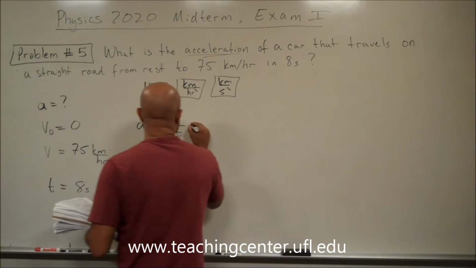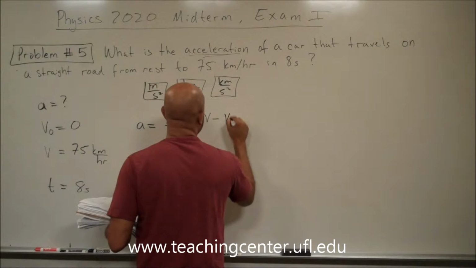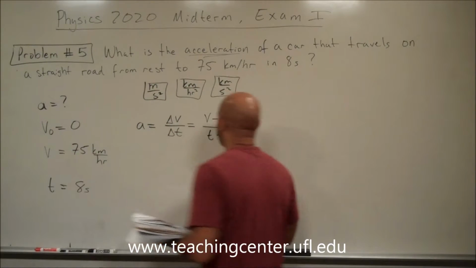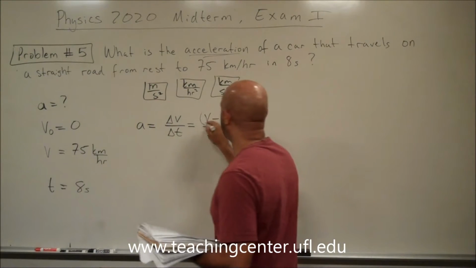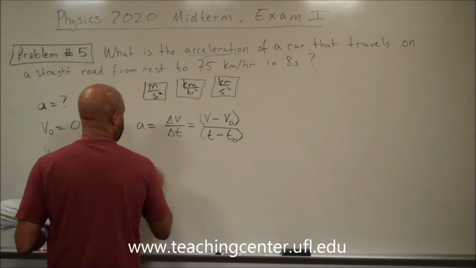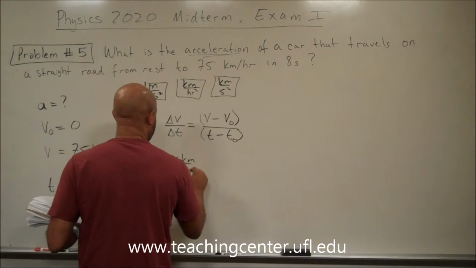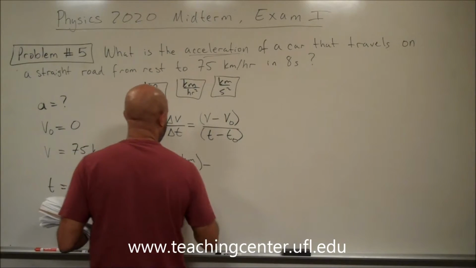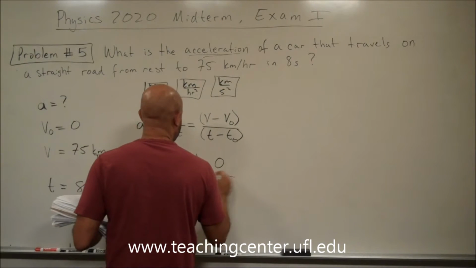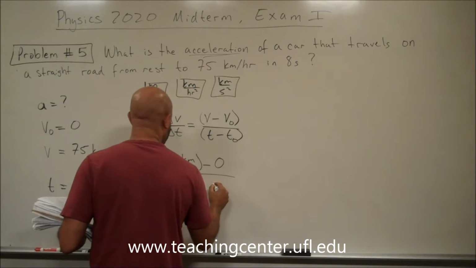And we know that the change in velocity is equal to the final velocity minus the initial velocity, and the change in time is equal to the final time minus the initial time. So, we know that the acceleration is equal to the final velocity, which is 75 kilometers per hour, minus the initial velocity. Well, we know that the initial velocity is 0, divided by the final time, which is 8 seconds, minus the initial time, so that's time 0.